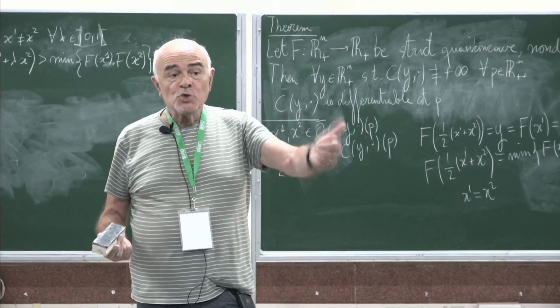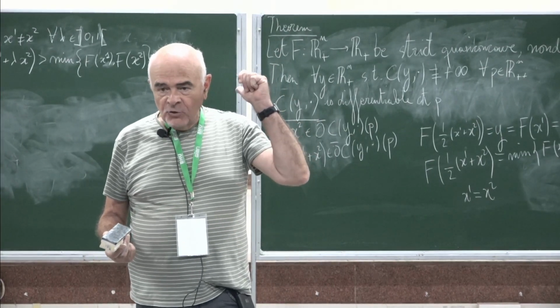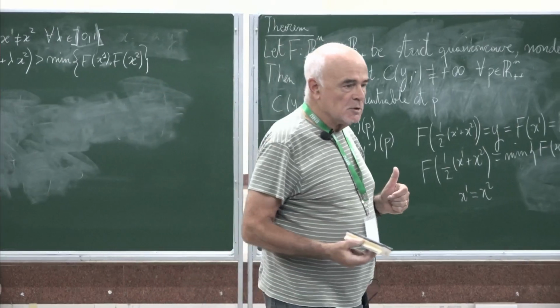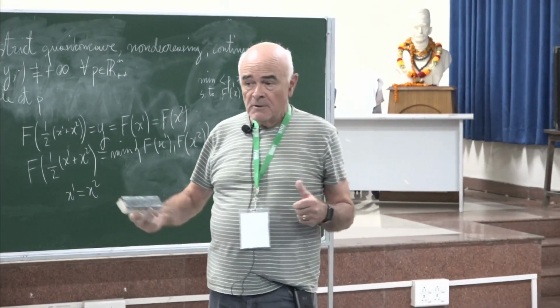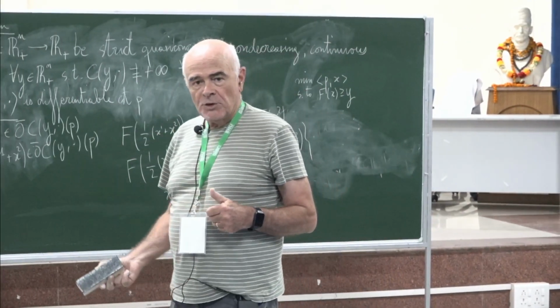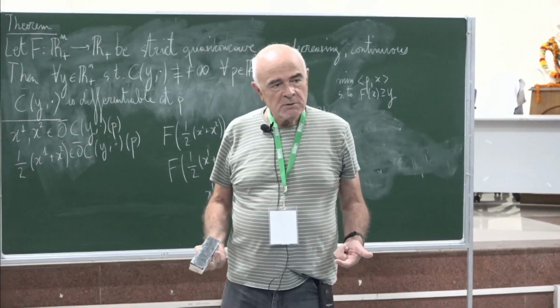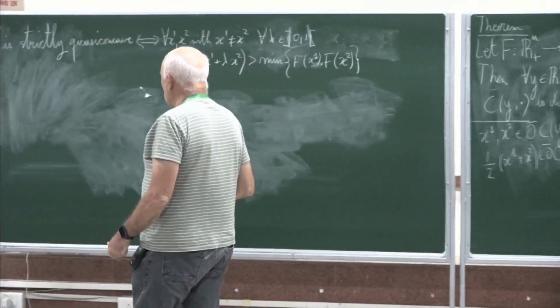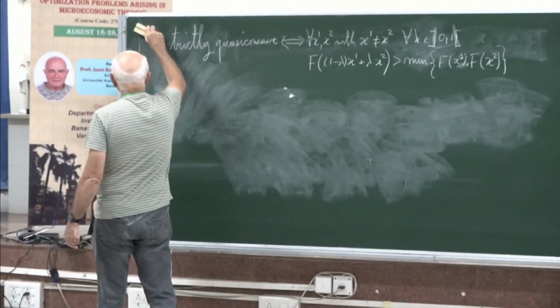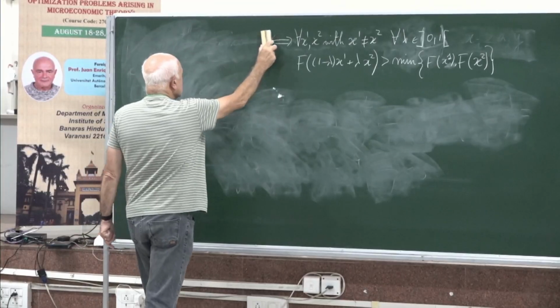No, it's because we find it. We are forced to introduce the notion of quasi-convex and the notion of quasi-concave. As we were forced in production theory, we will be forced in consumer theory again, as you are going to see very soon.